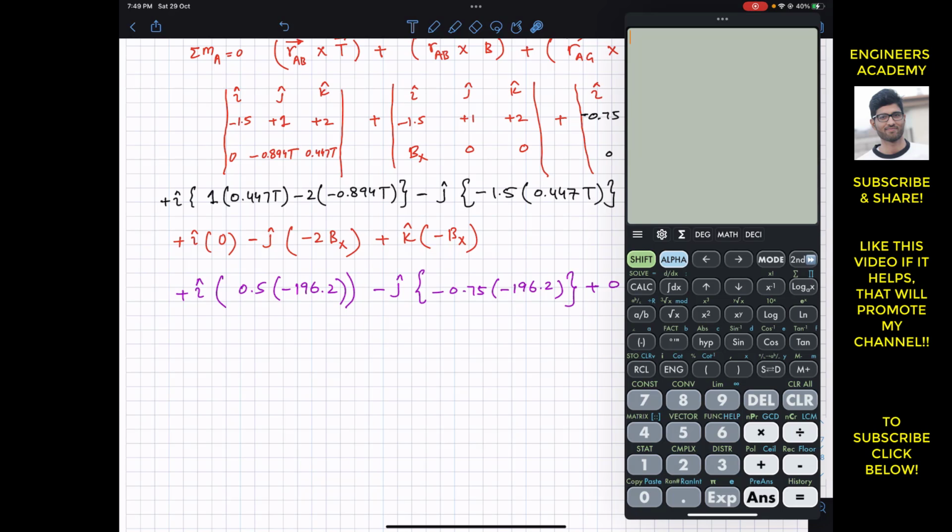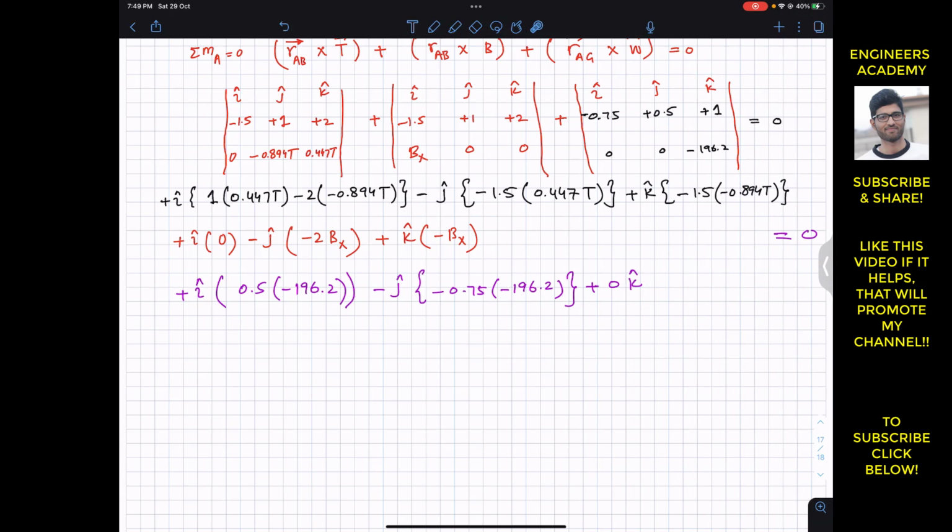We can add up these constants only, since we have t. So 0.447 minus 2 into minus 0.894 gives us 2.235t.